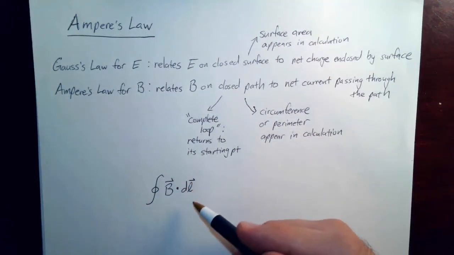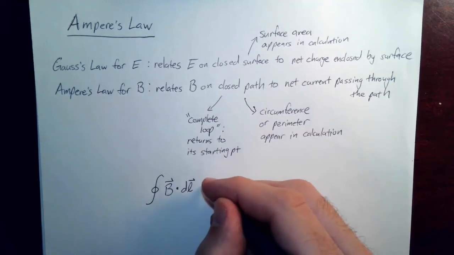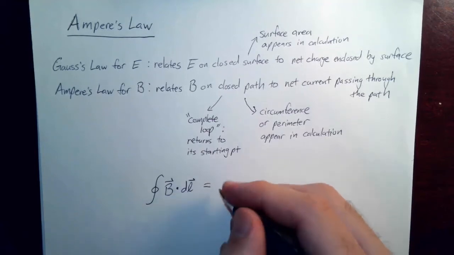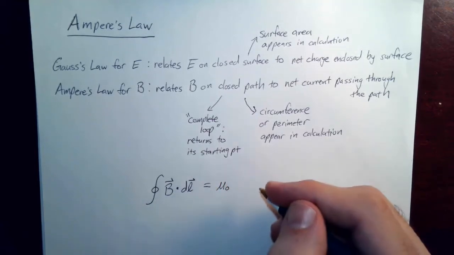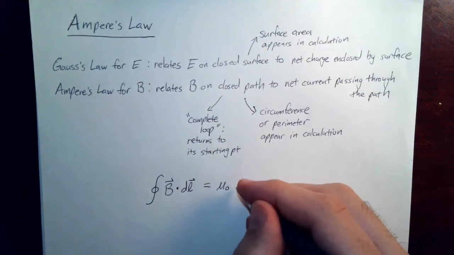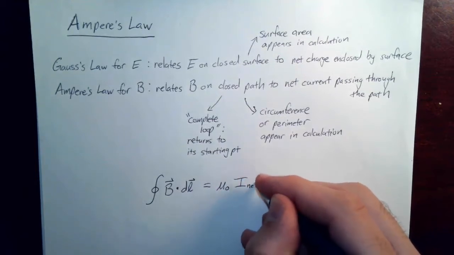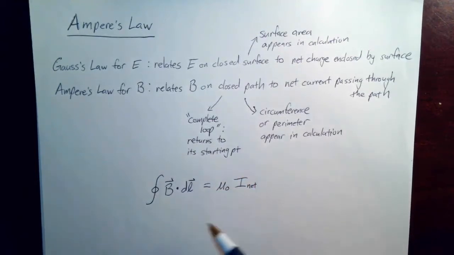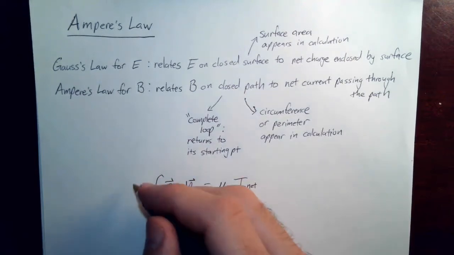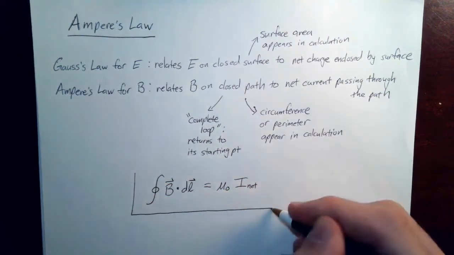So I'm going to get into more detail about what that's all about. And that equals mu naught, physical constant, times the net current that passes through this path. And I'll talk about what it means for it to pass through the path as well. So this is Ampere's law.